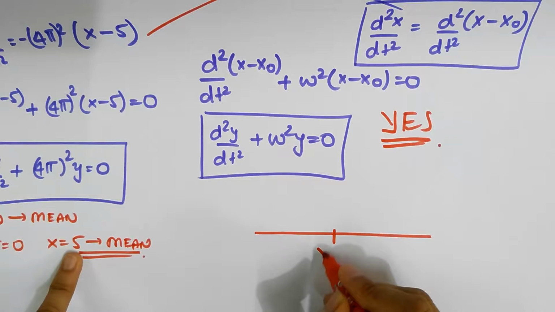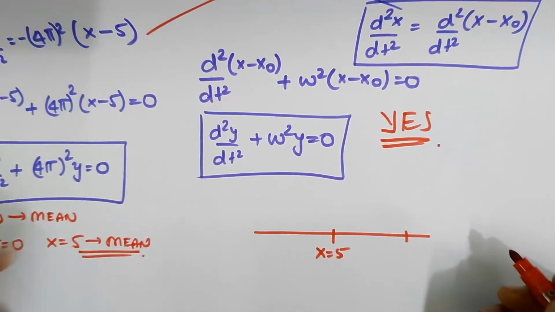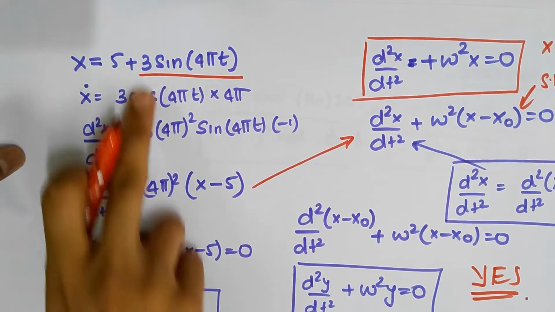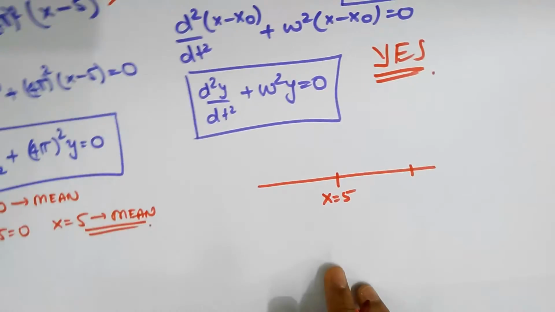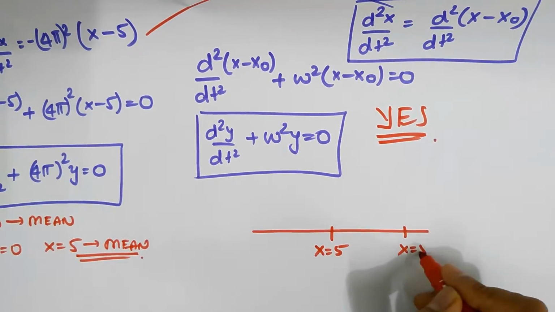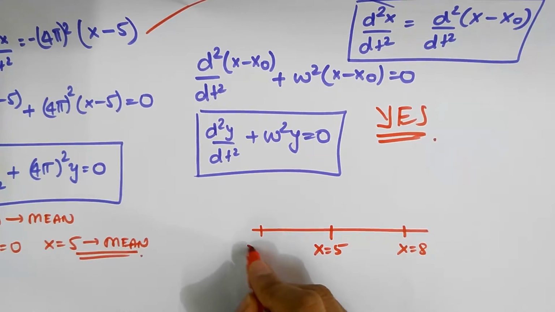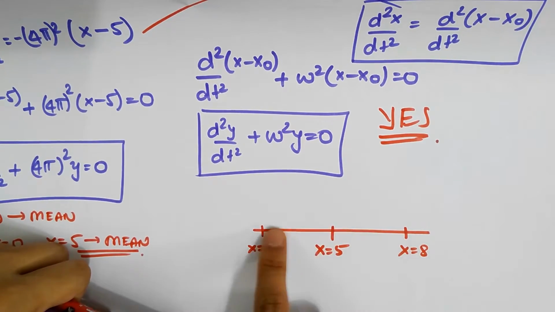So x equals phi is the mean position. So what's going to be the extreme position? Well, the amplitude is 3. This is still the amplitude. So 3 plus phi is 8. So on this side the extreme is x equals 8, and on this side, it goes to x equals 2. So it's going simple harmonic this way.